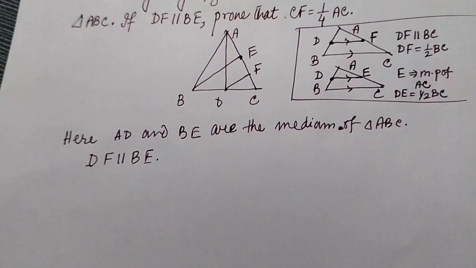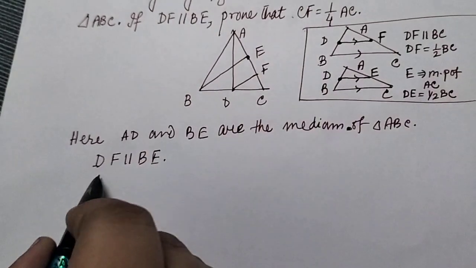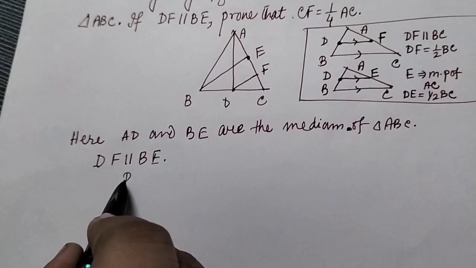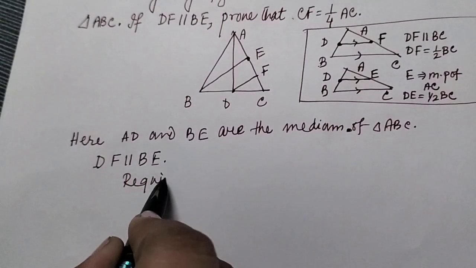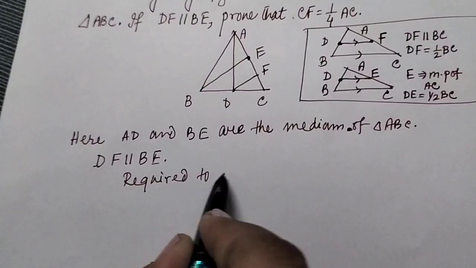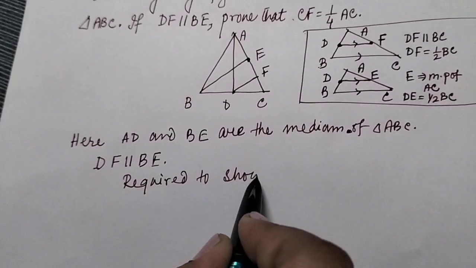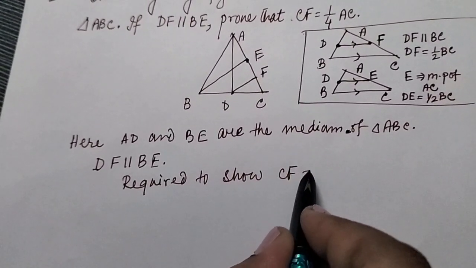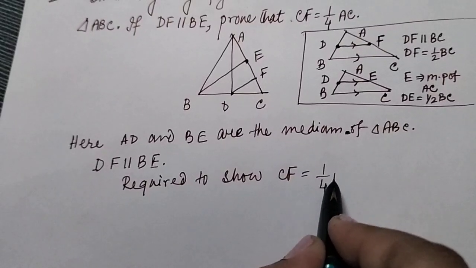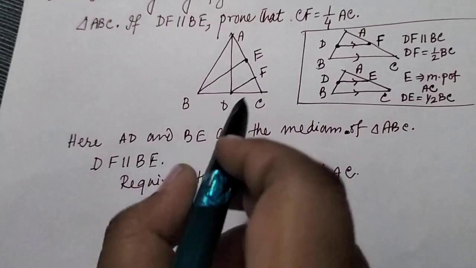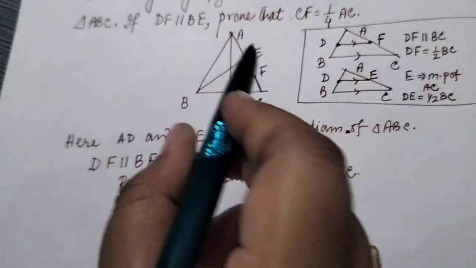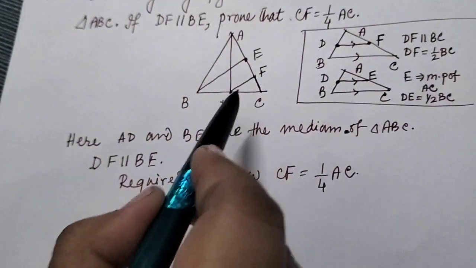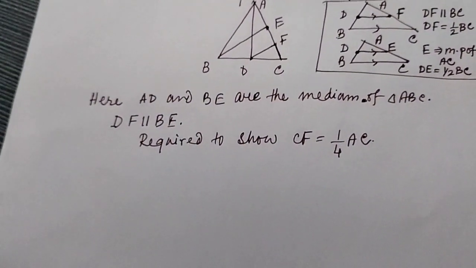These two things are given to us. Required to show: CF equals 1/4 of AC. CF equals 1/4 of the entire length of AC.